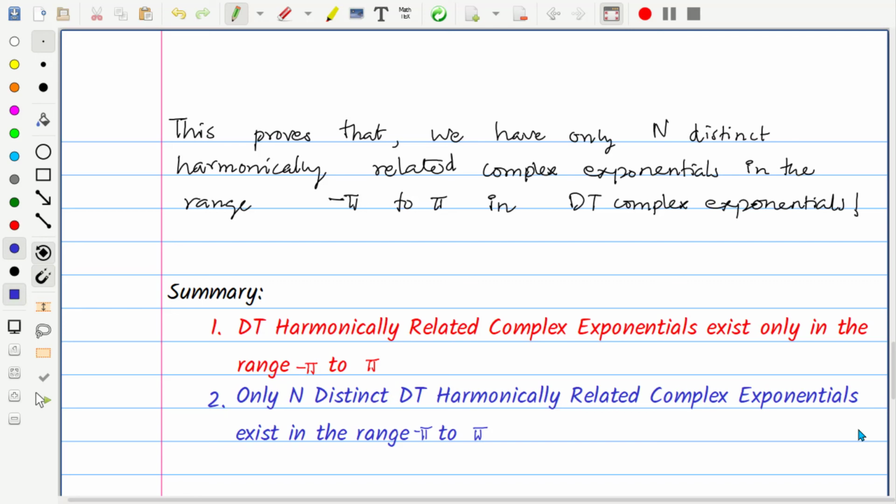We have only N distinct harmonically related complex exponentials within the range 0 to 2π or −π to π, which is entirely different from the continuous time case. I hope you got a clear idea why there are only a finite number of harmonically related complex exponentials in the case of discrete time complex exponentials. This concept is very important to understand the nature of DTFS.